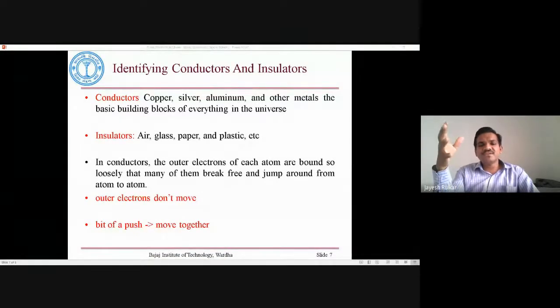For example, we have copper, silver, aluminum or some other metals. These are examples of electrical conductors, or simply conductors.